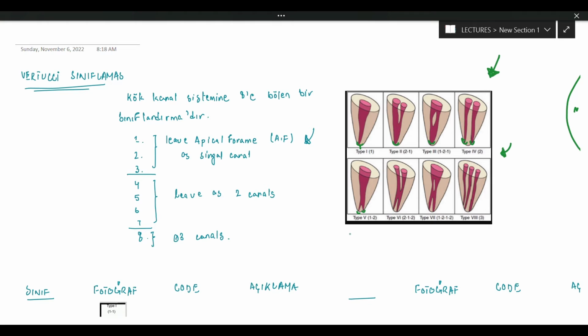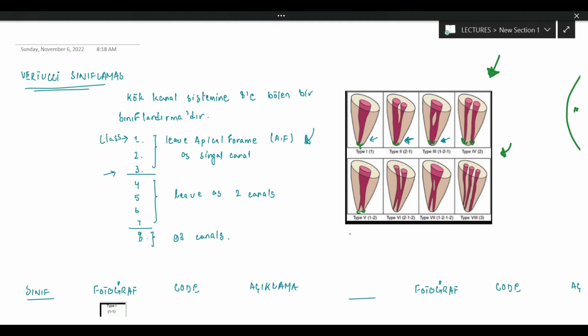From class 1 to class 3, there will be only a single canal leaving the pulpal chamber. As you can see here, only one root canal leaves the apical foramen.